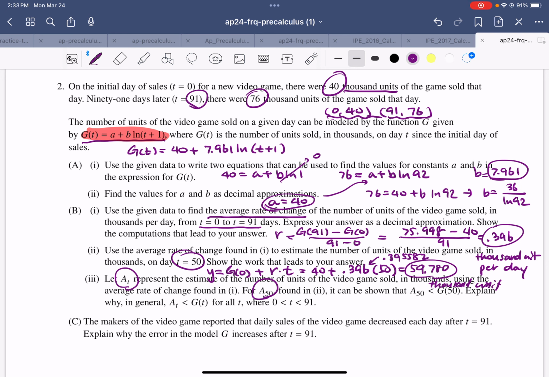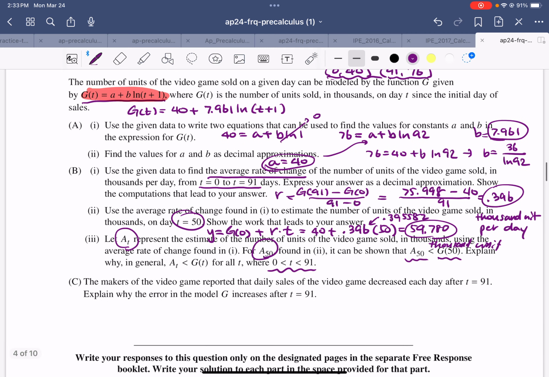In part two, it can be shown that your approximation is less than the actual model, which is g of 50. So explain why, in general, A of t is less than g of t for all t, as long as the t value is between 0 and 91.